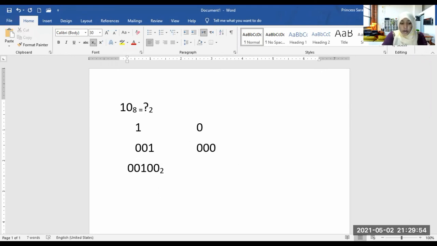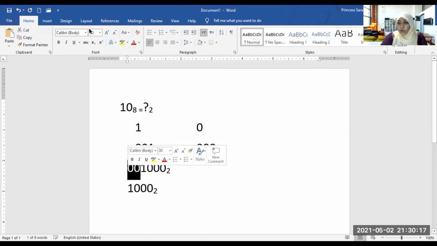Also you can write down the answer as 1000 base 2. Both answers are correct. Now understood? These zeros have no value, okay? But here when we are solving the problem, we should write the zeros to obtain the correct answer.